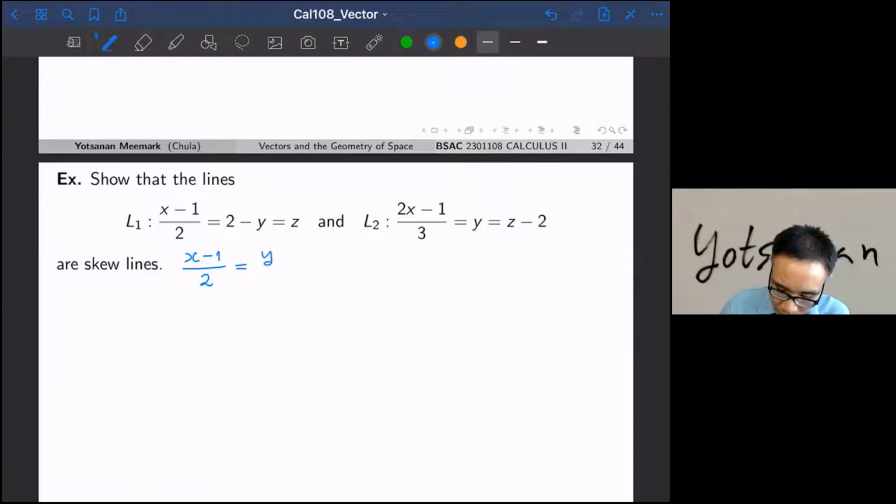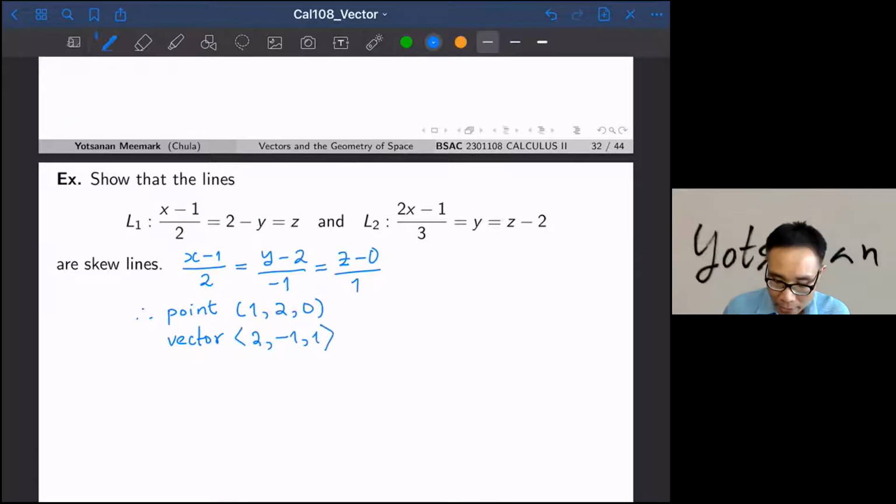It's going to be y minus 2 over -1, and z minus 0 over 1. After we put it this way, you have the point given by (1, 2, 0), and the vector turns out to be (2, -1, 1).